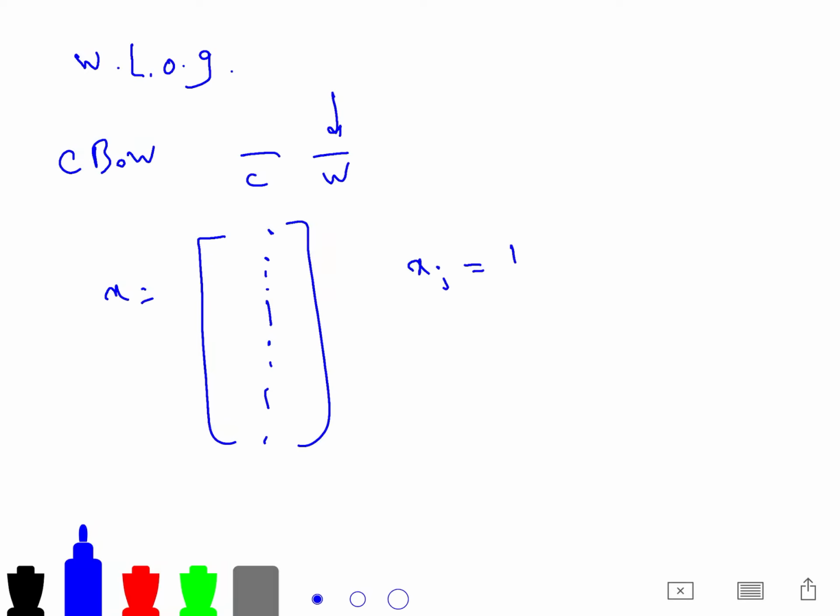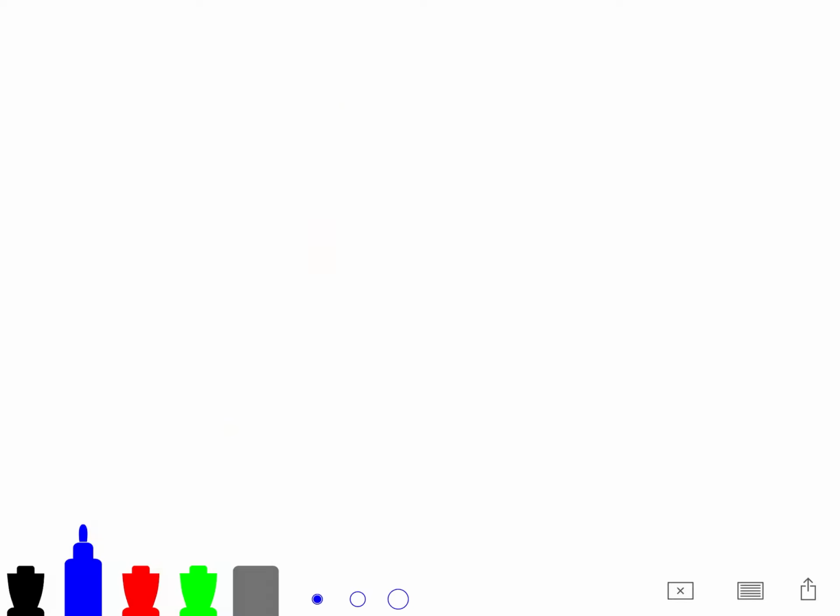So xi is 1 if i is equal to k, otherwise xi is equal to 0. And y represents the probability of the next word. So if you sum yi, each of them should be greater than 0 because y is a vector of probabilities. And h is a p-dimensional hidden representation.